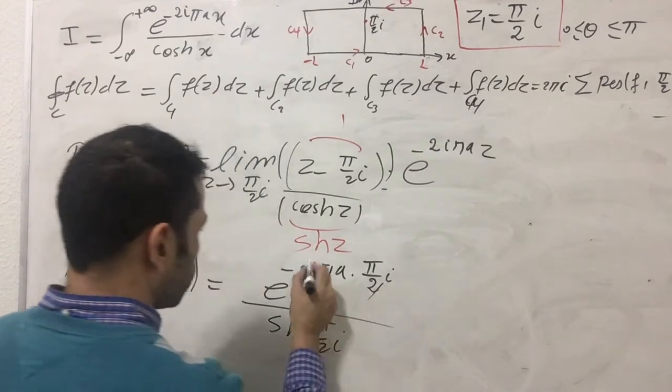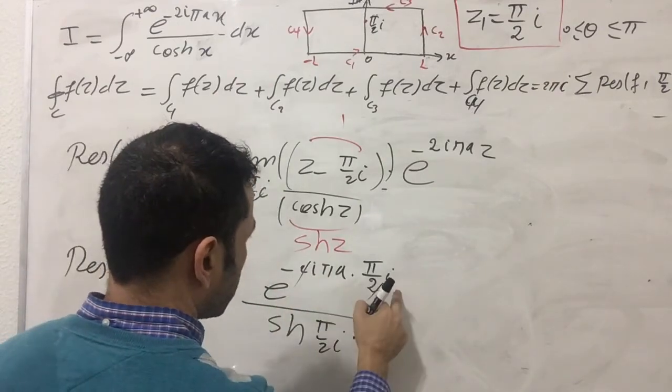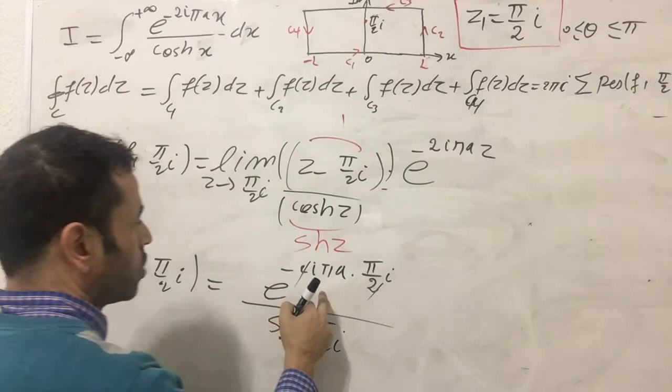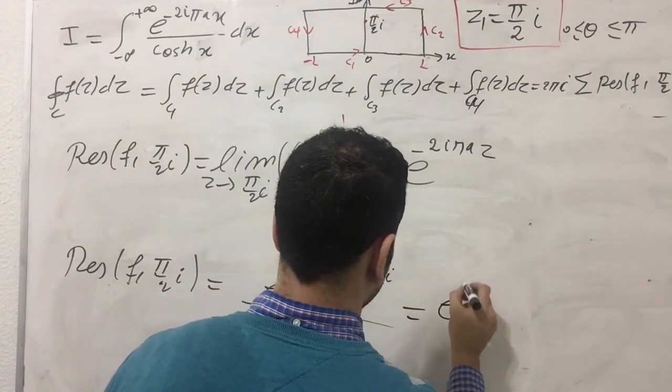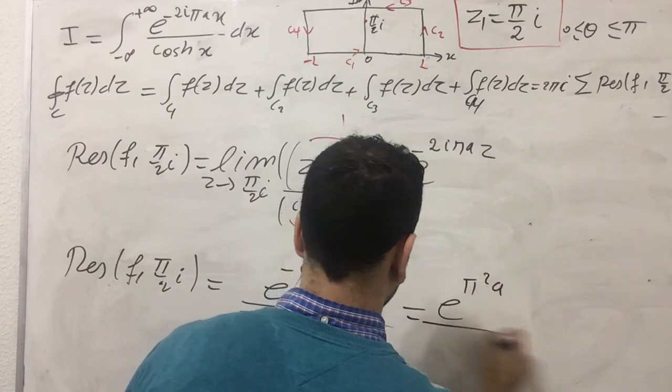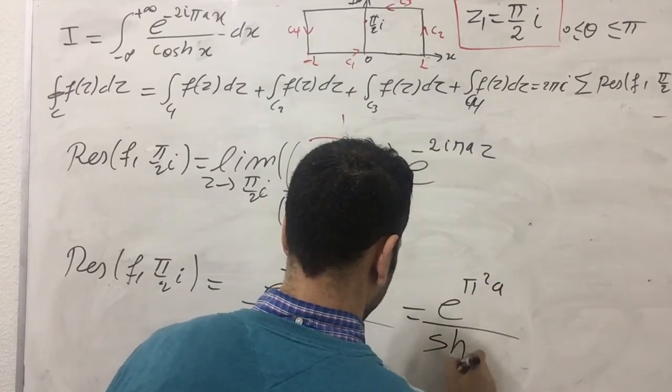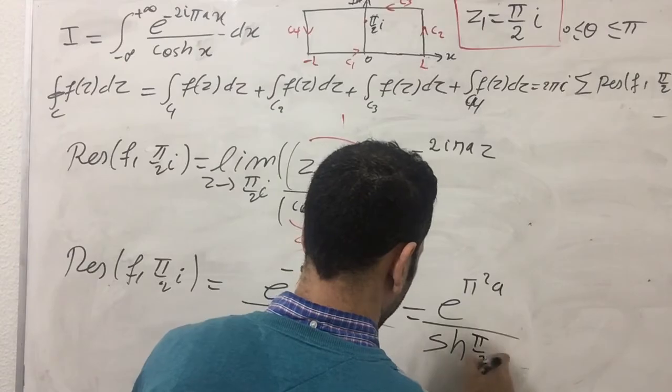These two will be cancelled out with these two. i multiplied by i is i squared, minus i squared gives us 1. So this one is equal to e to the pi squared a over sine hyperbolic of pi over 2i.